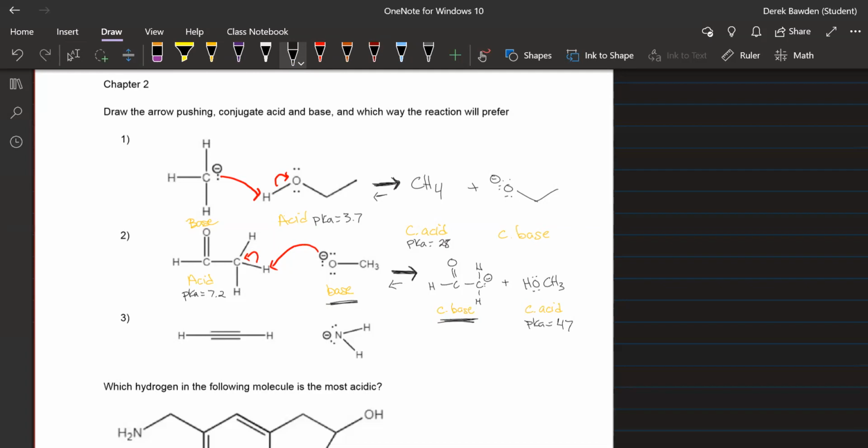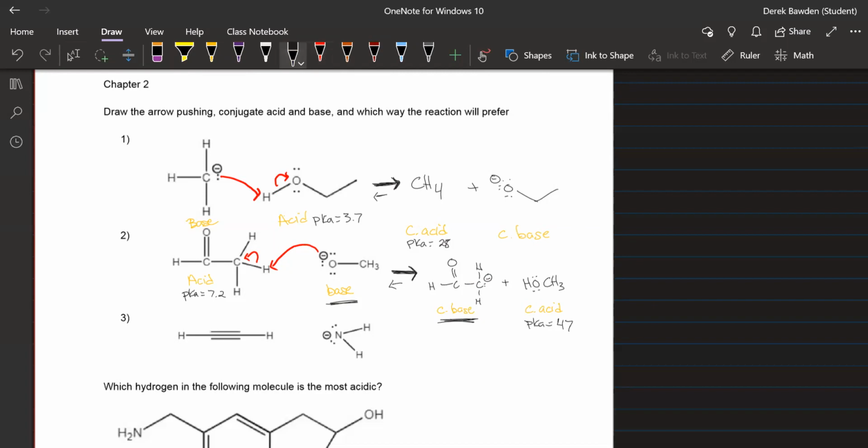Yeah. Because this negative charge can resonate. Those electrons can form a double bond here, and then the electrons can go up onto there, whereas this base cannot resonate. So that makes this one more stable. And so our reaction will prefer the more stable base. It's a good way of looking at it too.